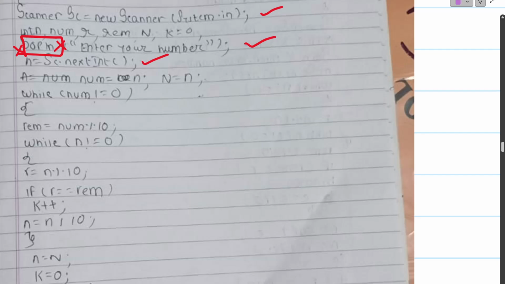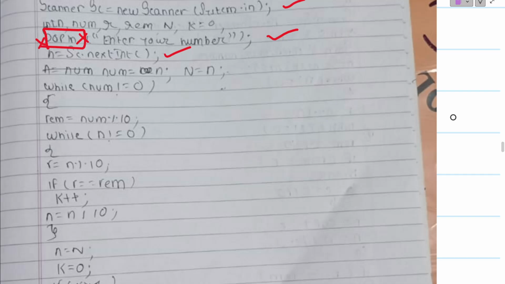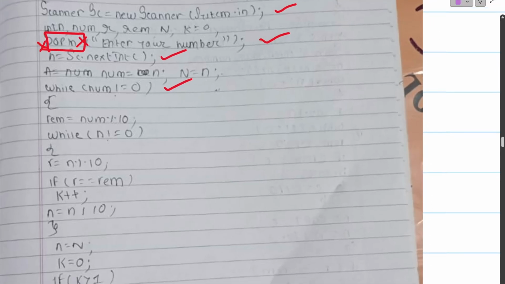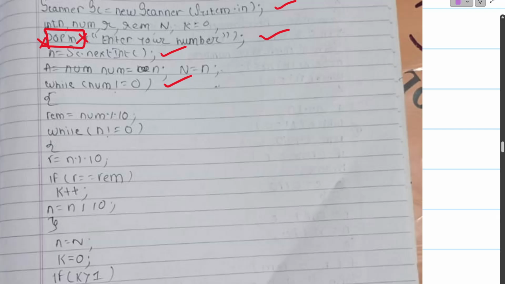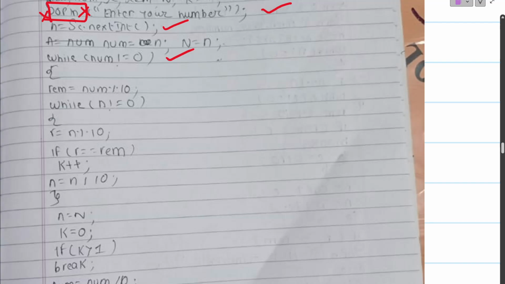Now number n is equal to n, correct. Now let's see what we actually need to check: whether the digits are the same or not. So let's see how the student has checked. After a number is picked out, the student has taken another loop.